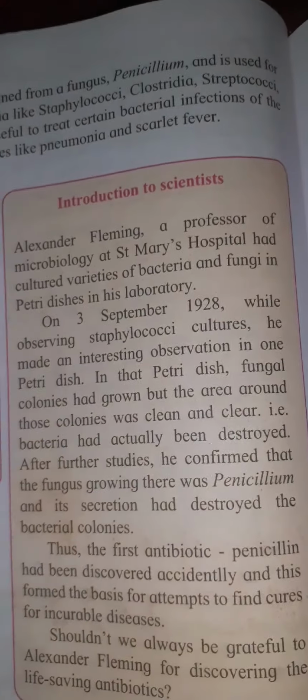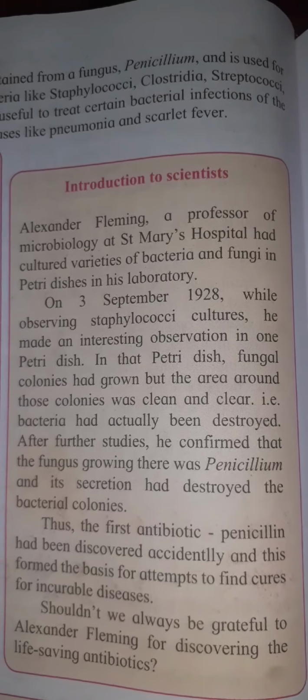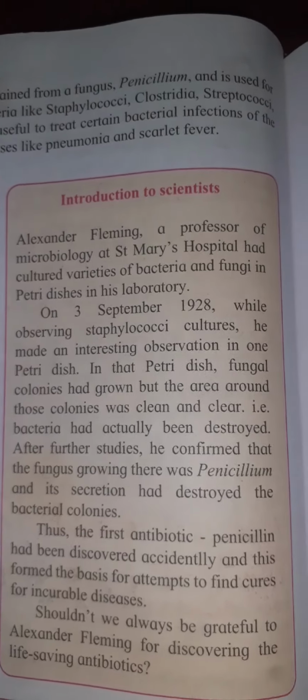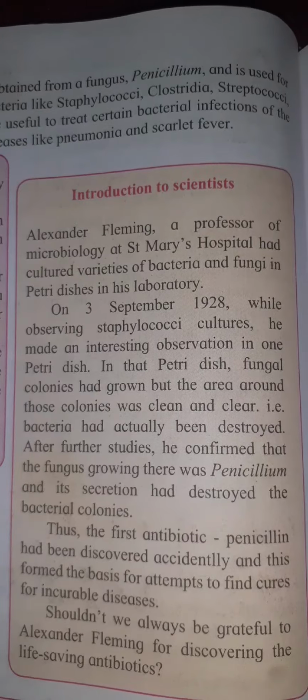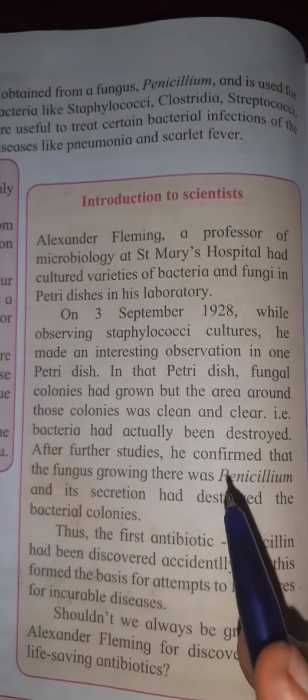So to find this out, he did further studies and analyzed it. He started studying that particular sample which contained the fungal growth. Then he found out after his studies that the fungus which had grown was Penicillium.